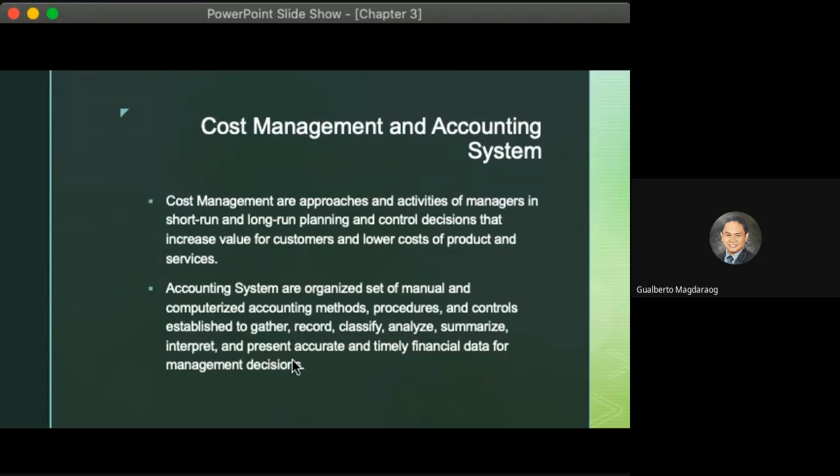Okay. Next is, let us distinguish what is cost management and accounting system. Ako, alam niyo na to. So accounting system is more on a set of manual and methods of procedures and controls to establish or gather records, classify, analyze for financial purposes lang ito.